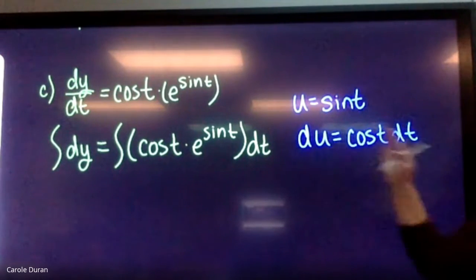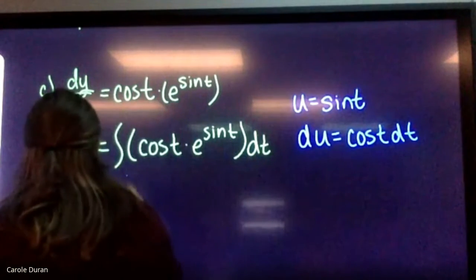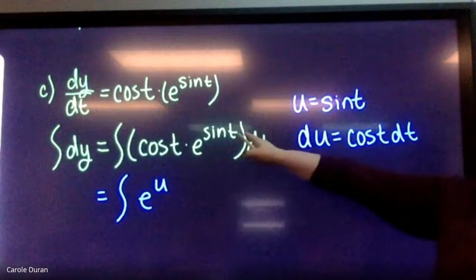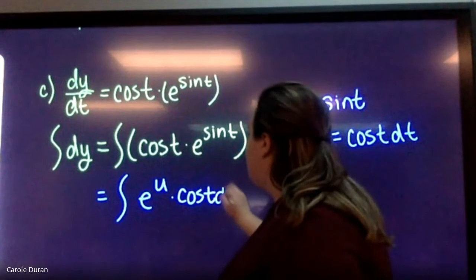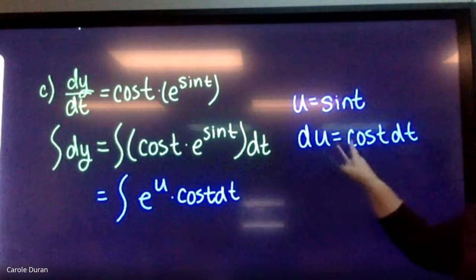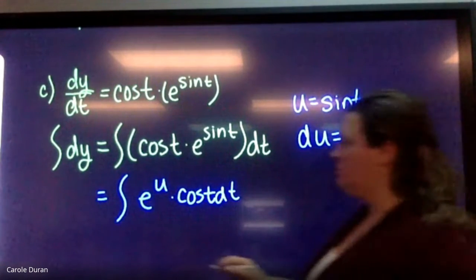And once it is, we reorder it to make it look exactly like this. So what I'm going to do is rewrite this as e to the u, because I replaced sine of t with u, times cosine of t dt. I just moved this cosine of t so it was next to this, so it matched this exactly. Once it matches, I can replace it with du.